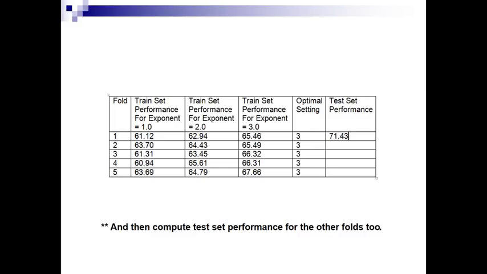Now, if we went through that same process, so for every fold, loading the training data on the Preprocess tab, and then going to the Classify tab, if instead of the optimal setting for that fold, we use the default setting, then we would get the test set performance for the default setting.